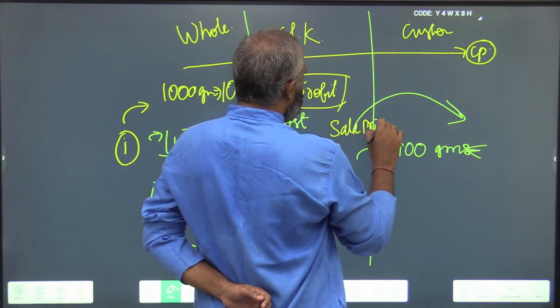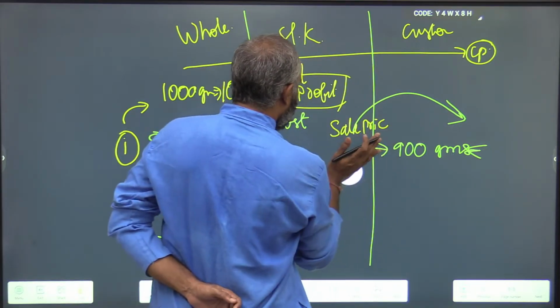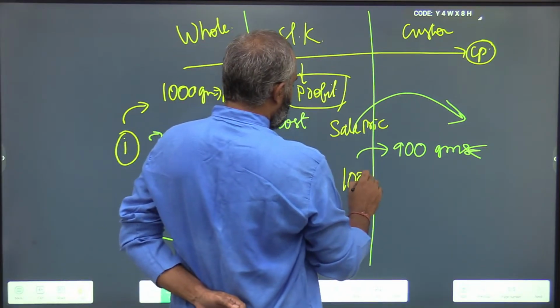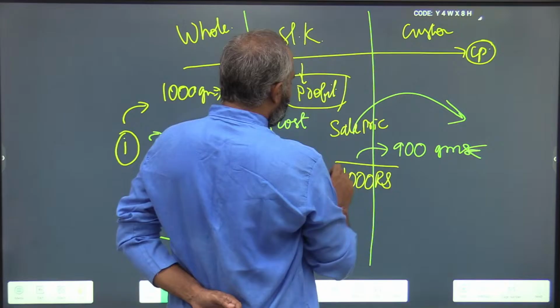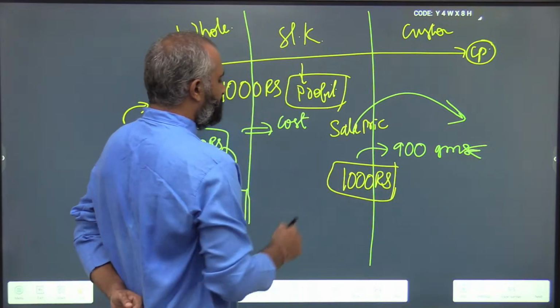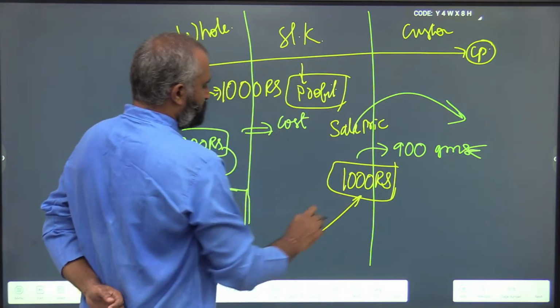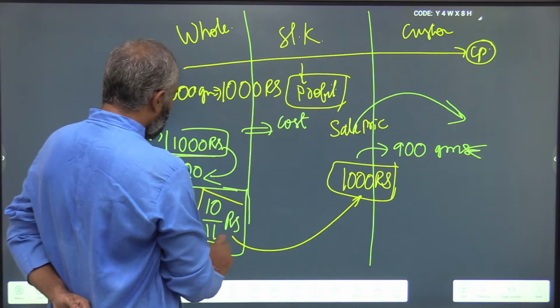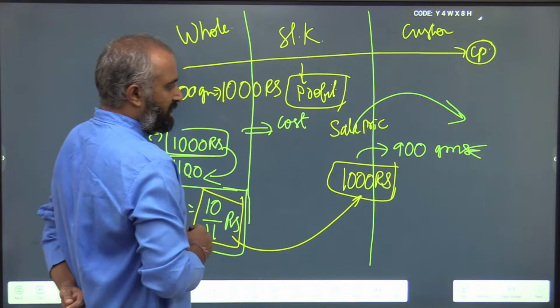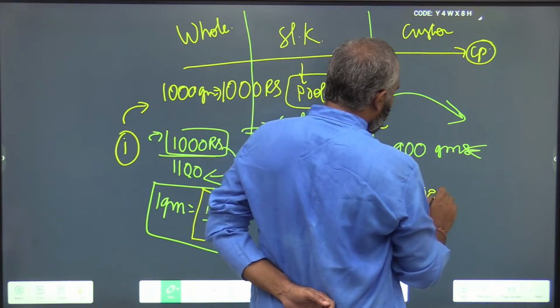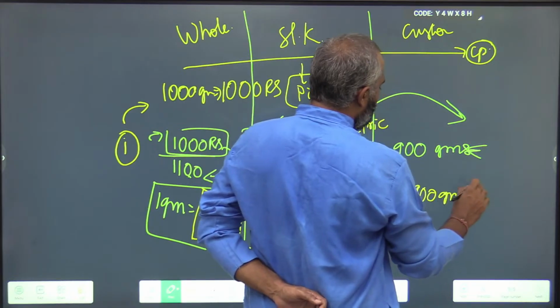It is still 1000 rupees, assuming he is selling at his cost price. But what is his actual cost? His actual cost is 1 gram costing 10 by 11 rupees, but he is selling only 900 grams.